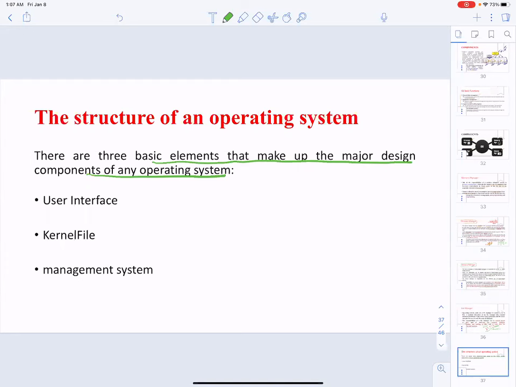We see the operating system as a 3-layer software. The first layer is the user interface layer, followed by the kernel layer and the file management system.